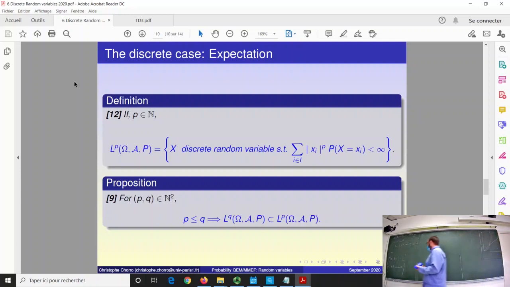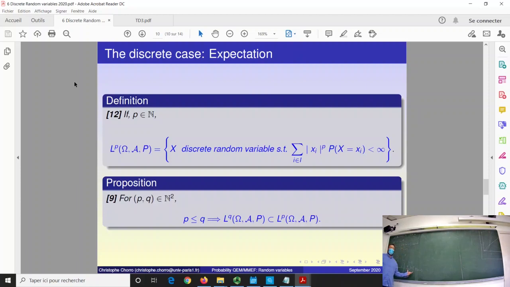So I have my range here. And I have given this notation for the set of the possible values, the xi here. And it's the set of the discrete random variables such that the sum for i belonging to capital I of the absolute value of xi to the power p times the probability that X is equal to xi.